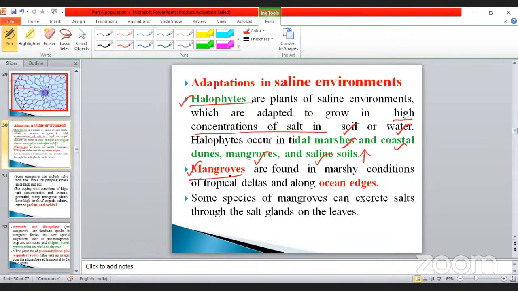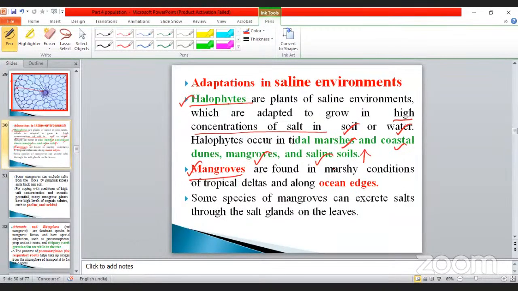So the plants cannot survive normally. So their roots come out and have specialized pores. That pore is called pneumatophore. The oxygen exchange takes place in that area. Okay, my dears, that is the thing.